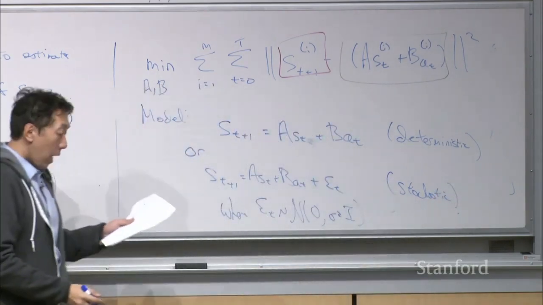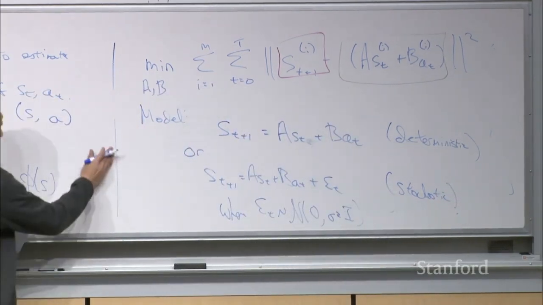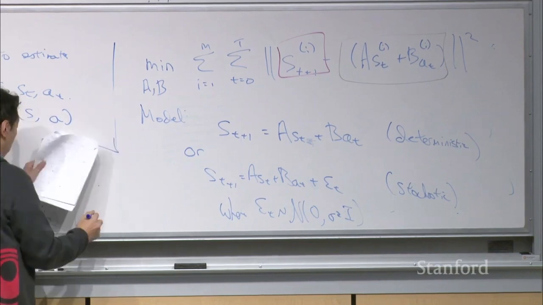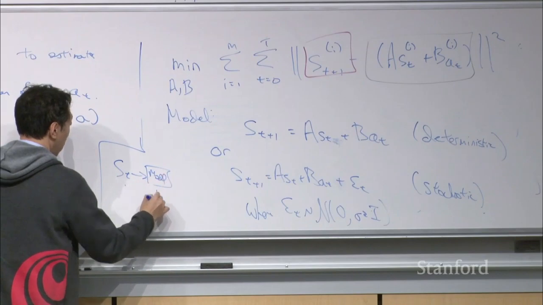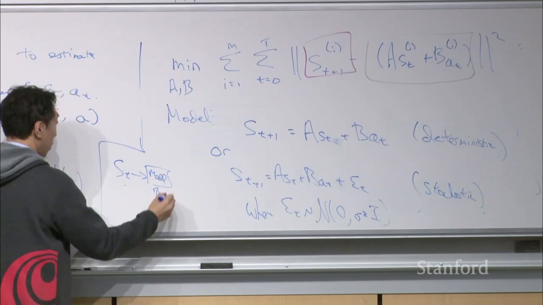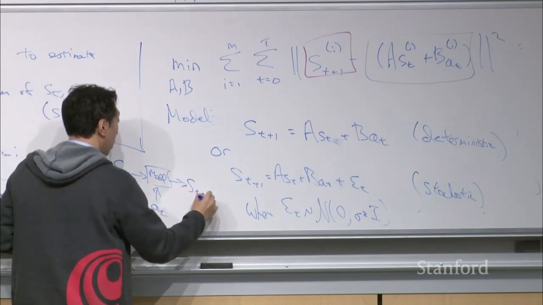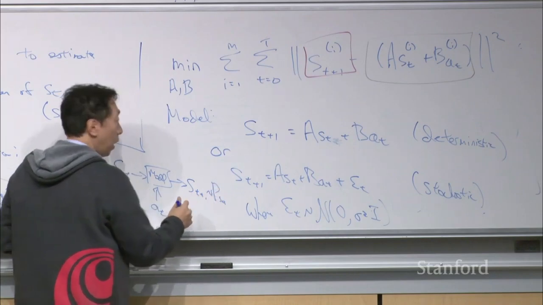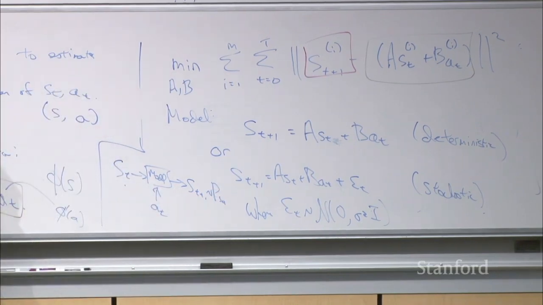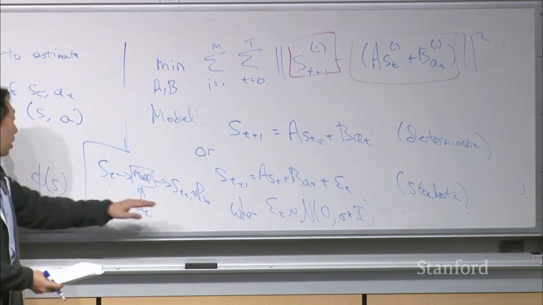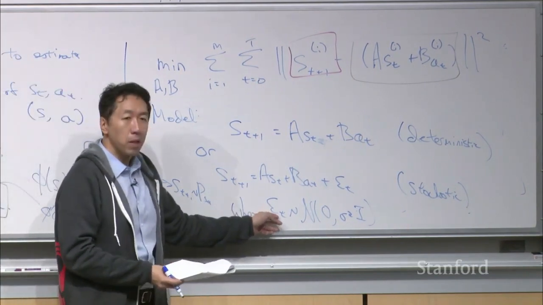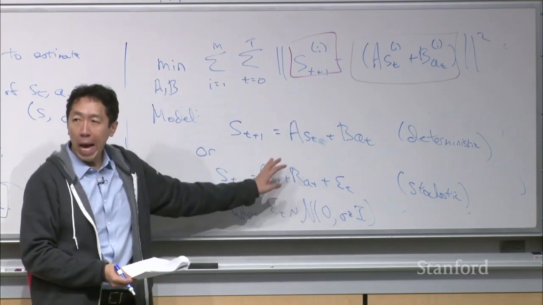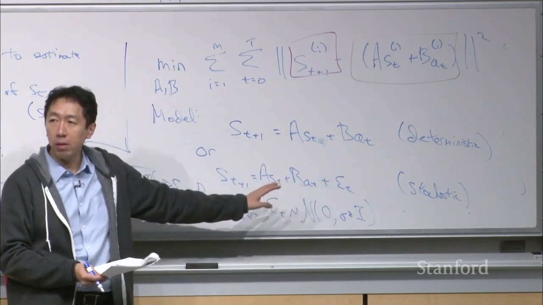Right, and if you use a stochastic model, then when you're running your simulator, every time you generate s_{t+1}, you would be sampling this epsilon from a Gaussian vector and adding it to the prediction of your linear model.